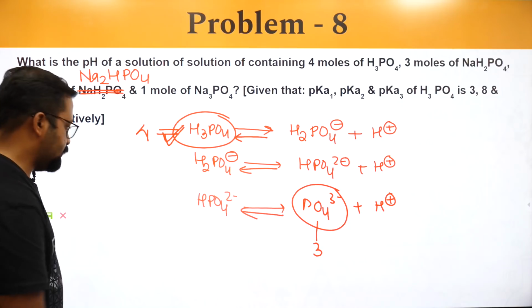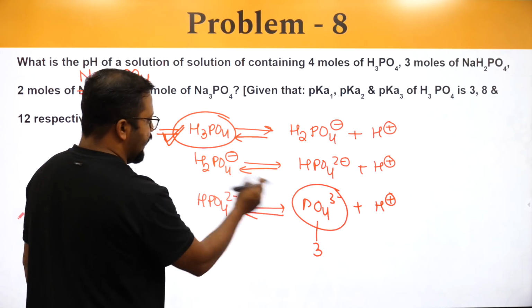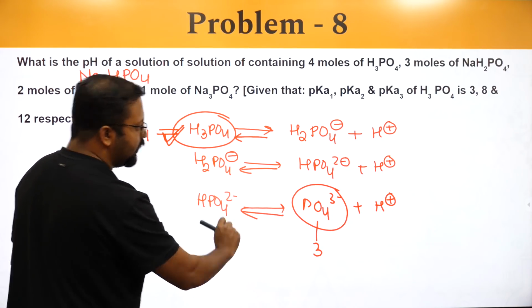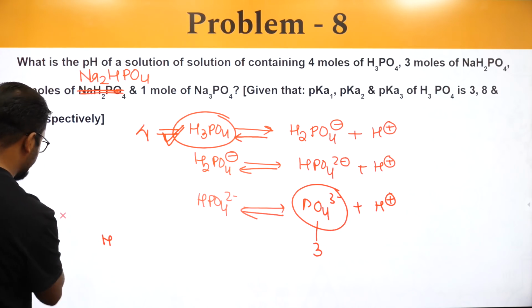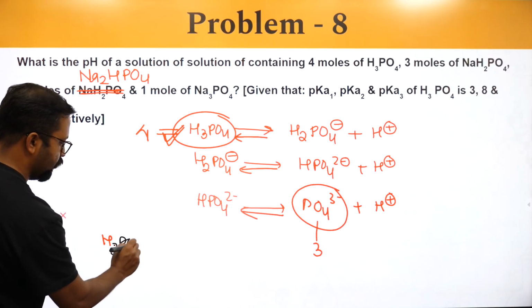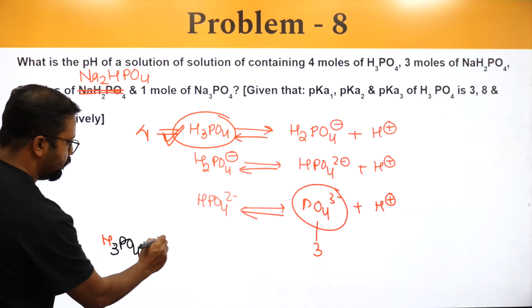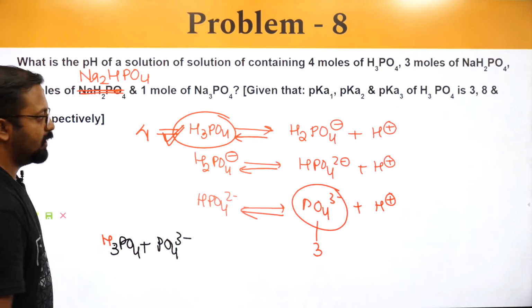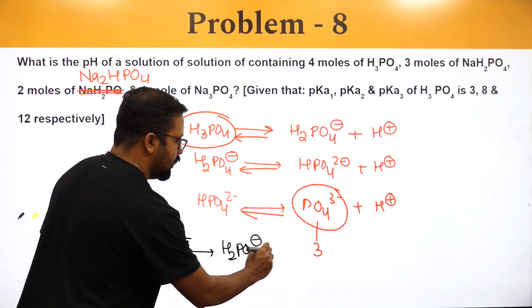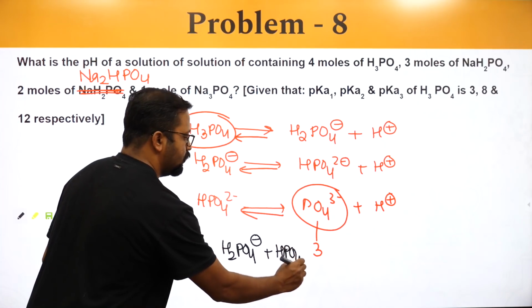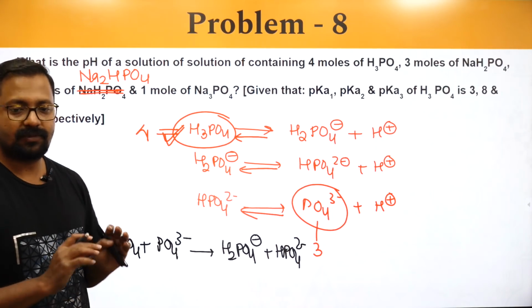What would be the reaction? How would I write that? I will just reverse this third equation and add it to the first one. So if I do that, I will get H3PO4 plus PO4 3 minus will give H2PO4 minus plus HPO4 2 minus. It's very simple.